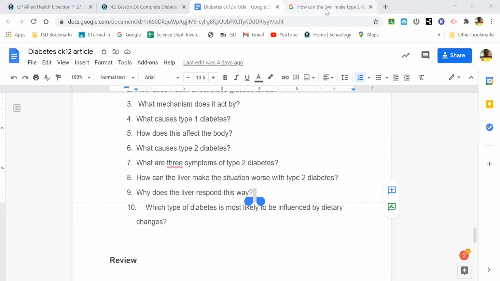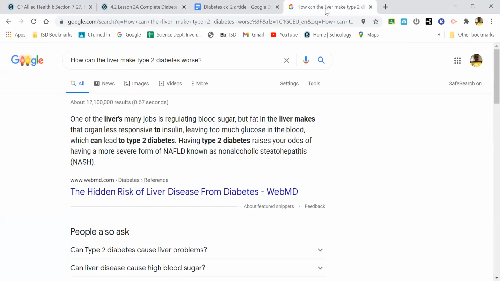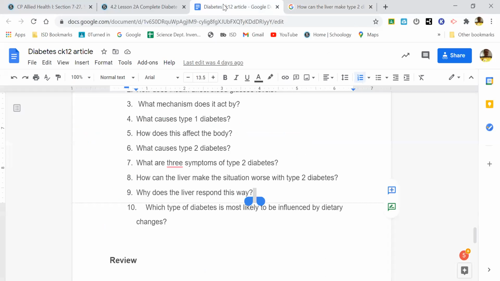According to this research, if there's fat in the liver, the fat makes the organ less responsive to insulin. So, what type of diabetes is most likely to be influenced by dietary changes? Type 2 diabetes.